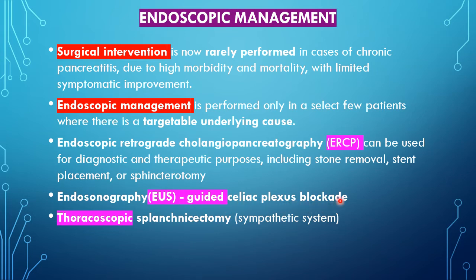So celiac plexus blockade with EUS-guided methods is becoming a method for treatment of pain. The other one is thoracoscopic splanchnicectomy, or the blockage of the sympathetic system to the abdomen, also to relieve pain.